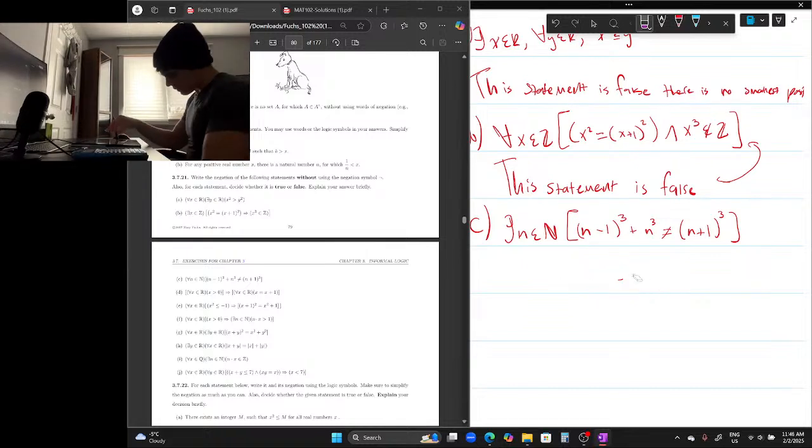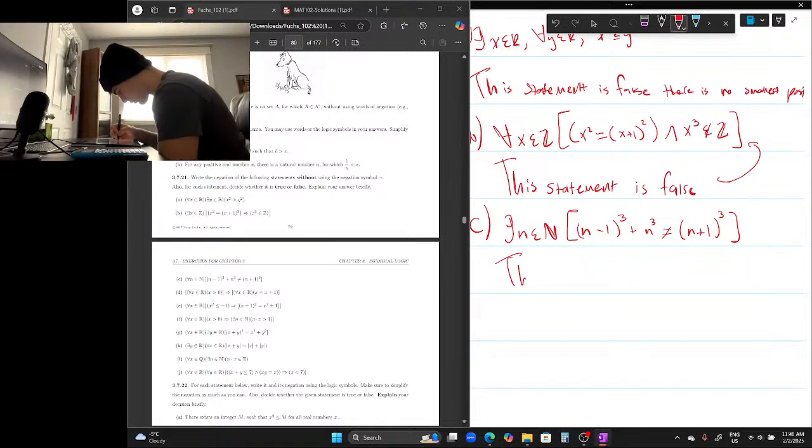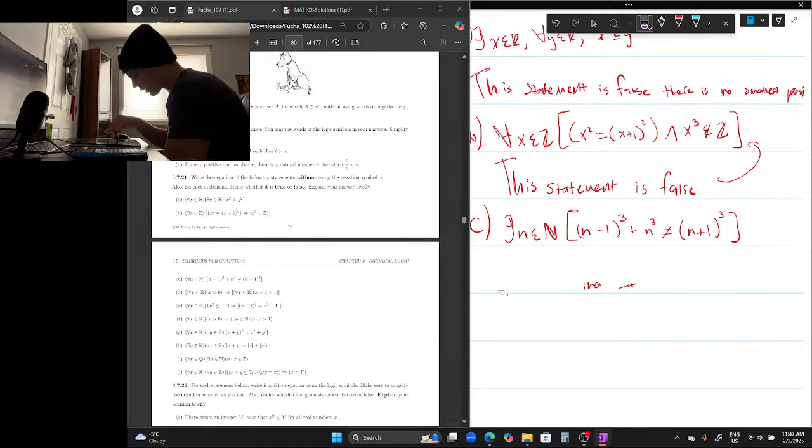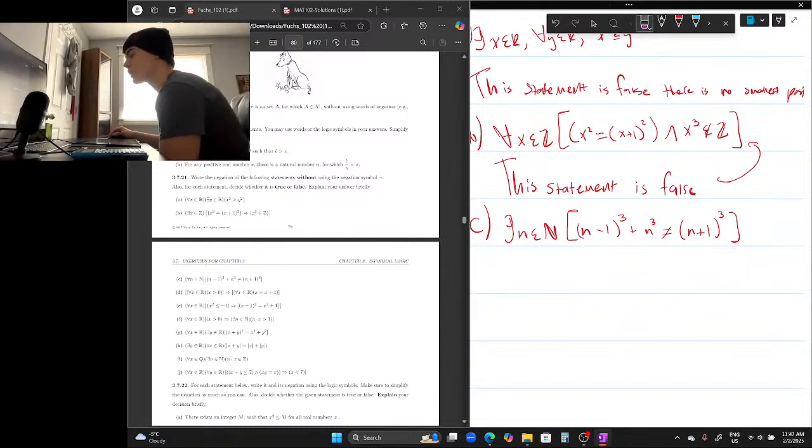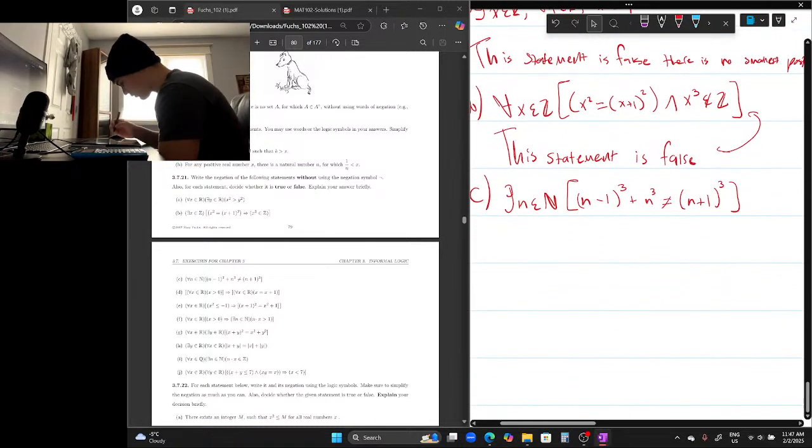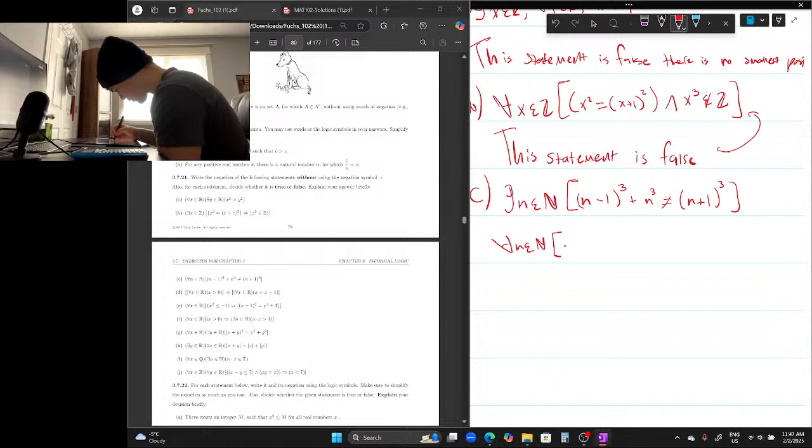Okay, so the real statement is false then, because we found one example. Oh wait, the original statement may be true then, because we found one example that matches it. So, can we actually proceed by the contrapositive? So, contrapositive being for all n in N, there exists an n plus 1 cubed is equal.